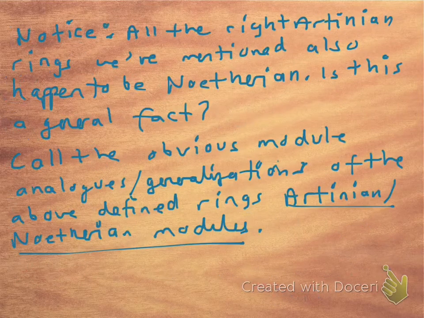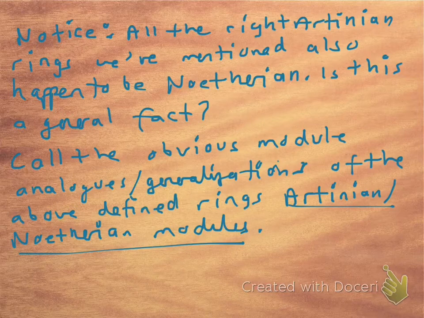Okay. So looking at the examples here, in fact, you could look at more and more examples, and you would still observe the same phenomenon, namely that all the right Artinian rings appear to be Noetherian at the same time. So now we ask, naturally, if this is a general fact.